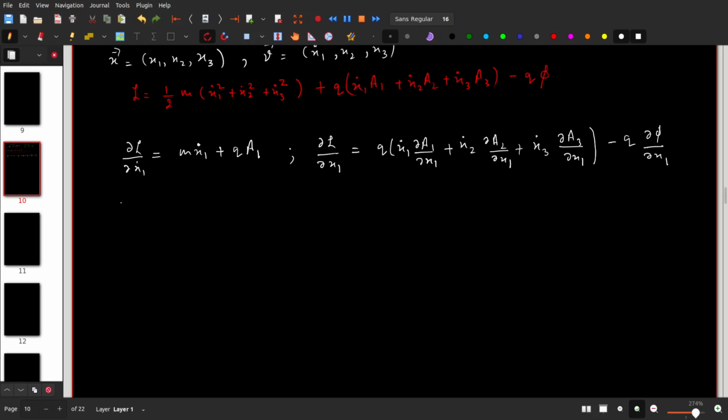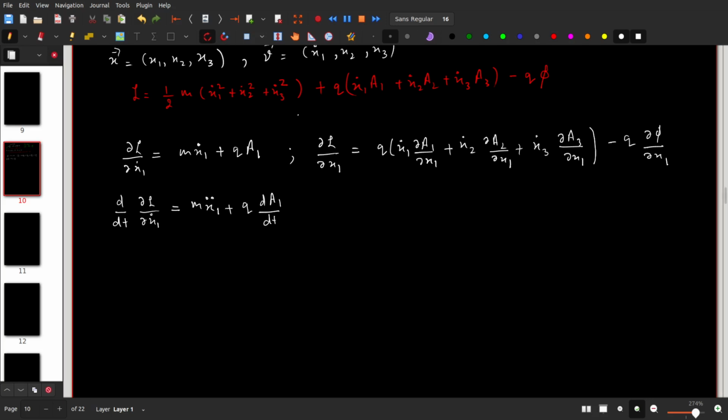Next we calculate the time derivative of ∂L by ∂x1 dot. This is given by the double derivative of x1, which we denote by x1 double dot. So double dot notation stands for d²x1 by dt². So we get m x1 double dot plus q times the total time derivative of A1.